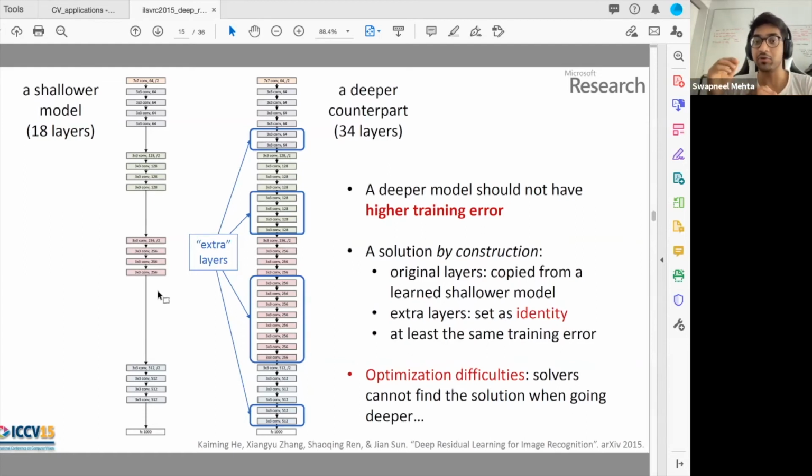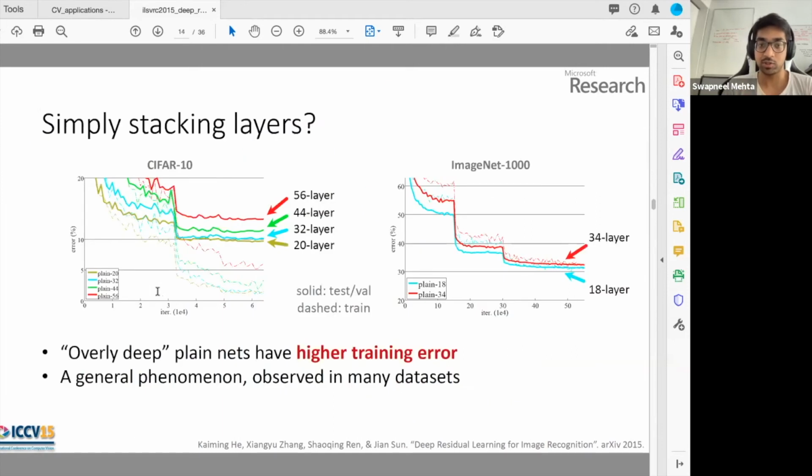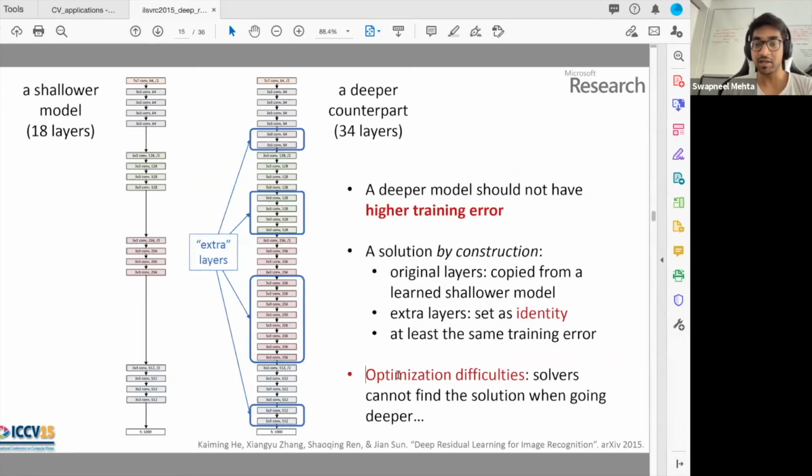Adding more layers doesn't mean you reduce capacity; in theory, it increases capacity, which means adding more layers to the same network should still be able to learn that same network. But it does not, because clearly these plots show that for the same architecture, adding more layers results in worse performance. So that means we have some difficulties in optimization, and you can't necessarily find the same solution when you're going deeper and deeper. So what can you do that allows you to capture this identity mapping for deeper networks?